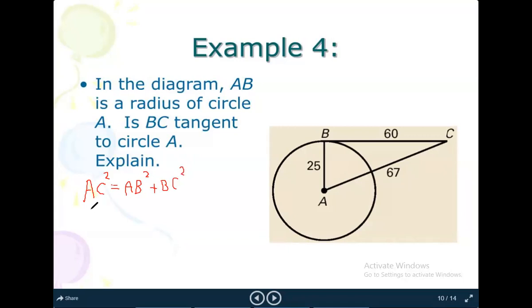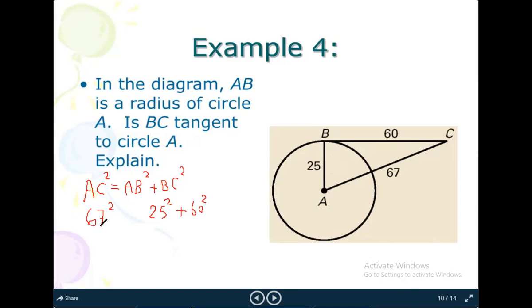Now 67 to the power of 2, we will not put the sign equal now and we will check. The other side I have 25 to the power of 2 plus 60 to the power of 2, which means we select the greatest side on the left hand and then the other two sides on the right hand.